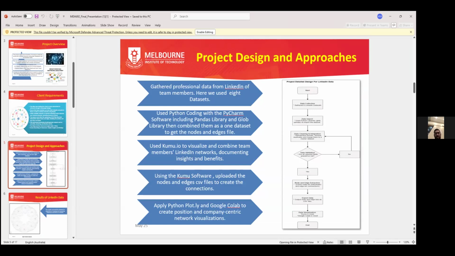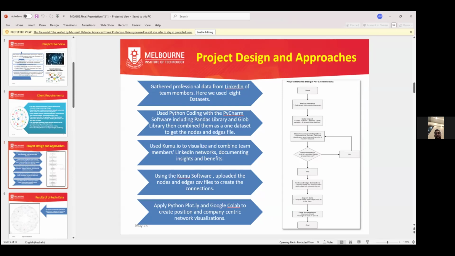We used Python coding with PyCharm, including the pandas library, then combined them into one data set to get the nodes and edges files. After getting the nodes and edges files, we used Kumu.io to visualize and combine the team members' LinkedIn networks, documenting insights and benefits.